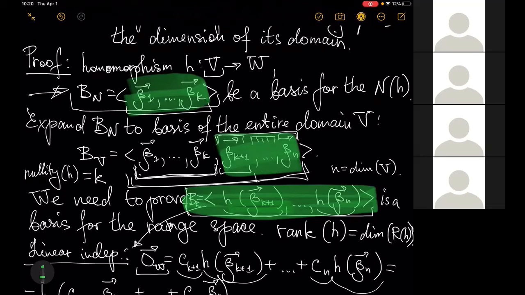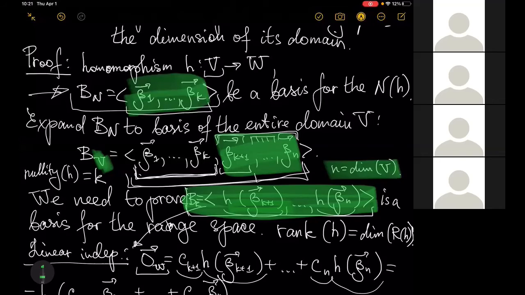There will be vectors which are not mapped to 0, right? So as a result, I can extend this basis to form the basis for the whole original vector space, the whole domain, right? So what is the dimension of the whole domain? It is n, right? Dimension is n.